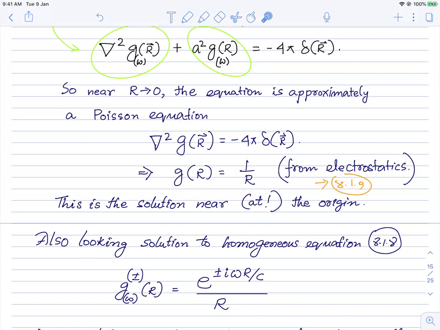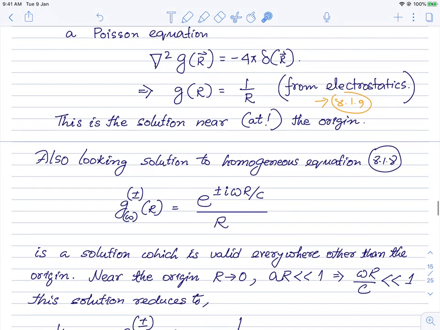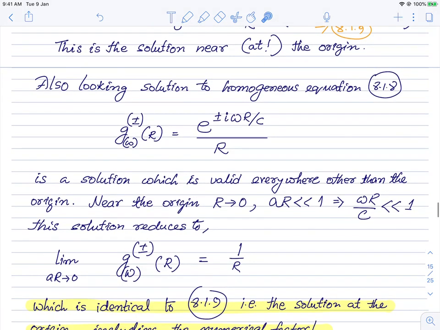And away from the origin, it's just the homogeneous equation that we have here, whose solution is this whole thing. Near the origin, we have a case where a times r is much less than 1, and if we expand this out near the origin, we see that it also reduces to the same 1 over r in the limiting case.